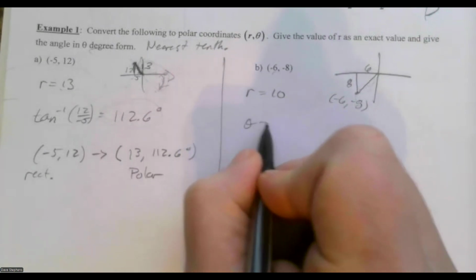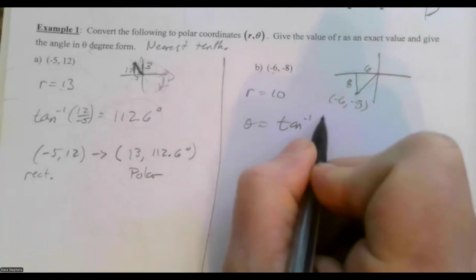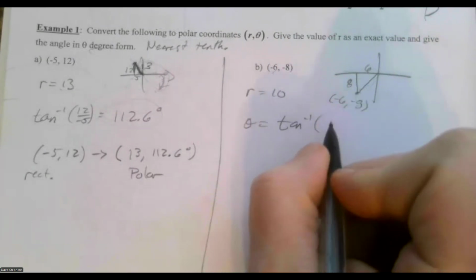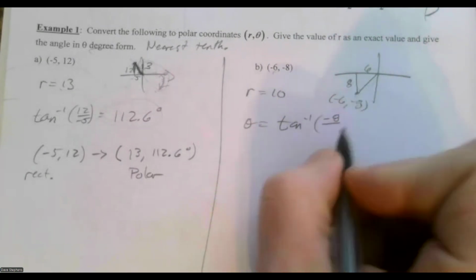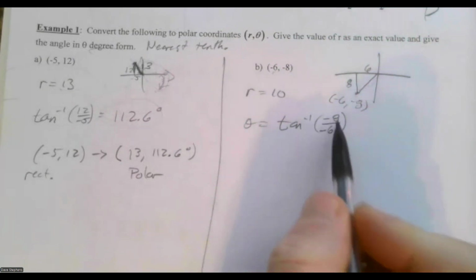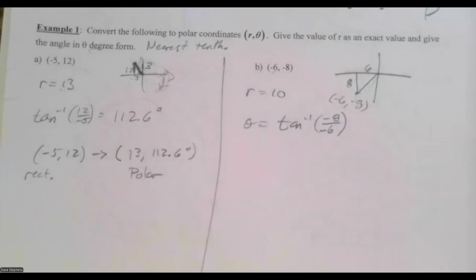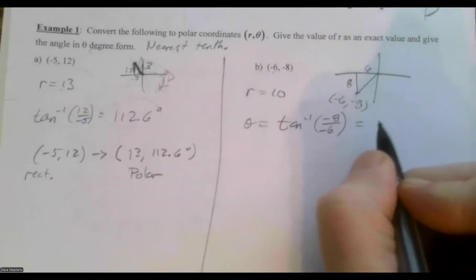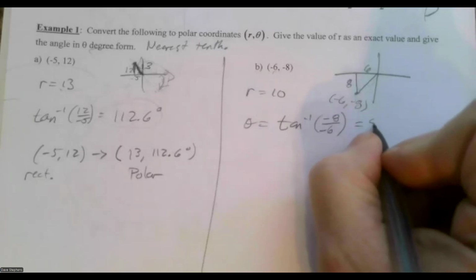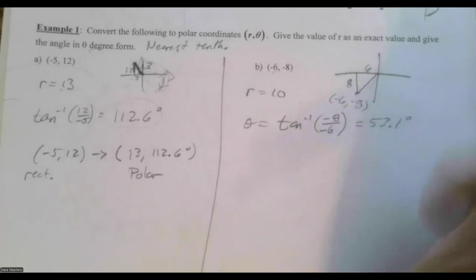So I know that theta is going to be tangent inverse of y over x. My y value here is negative 8. My x value here is negative 6. Yeah, I could just put 8 over 6 in the calculator, of course. So tangent inverse of 8 over 6. All right, that says 53.1 degrees.